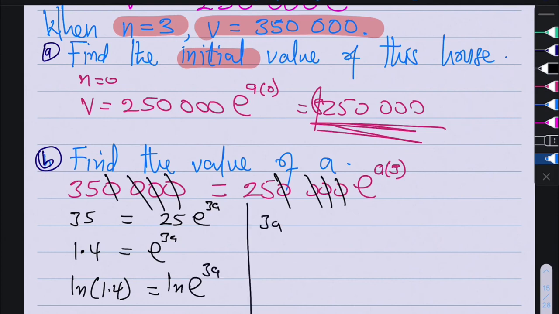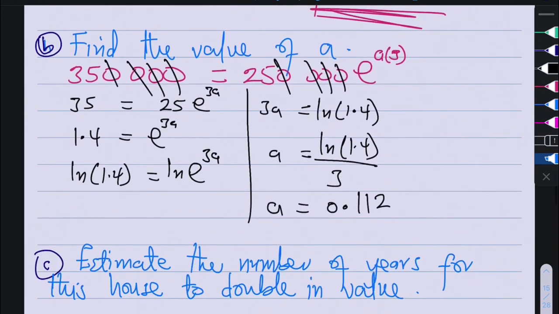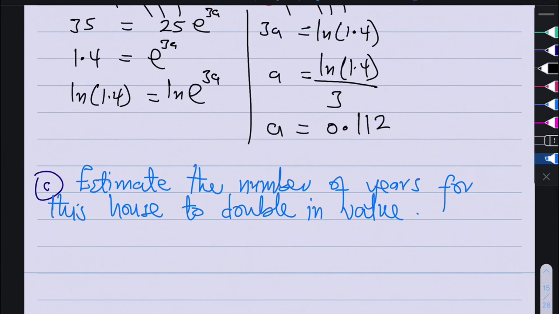So that means that 3a is equal to ln 1.4, and then a is basically ln 1.4 all over 3. Put that on the calculator. Calculator says that a should be 0.112, correct to 3SF.